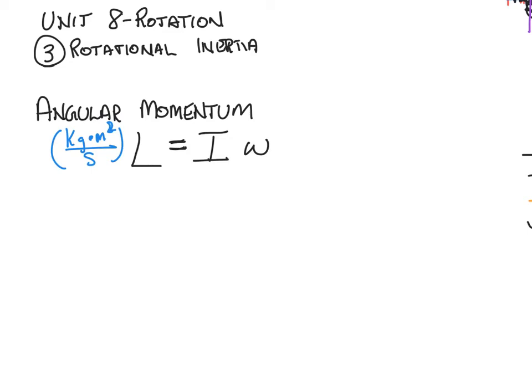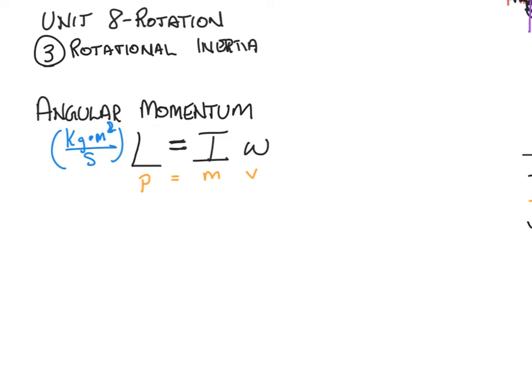Once again, all these letters might seem a little intimidating, but in truth, angular momentum is just our rotational analog of regular linear momentum. And that wasn't too difficult. Momentum is equal to mass times velocity.